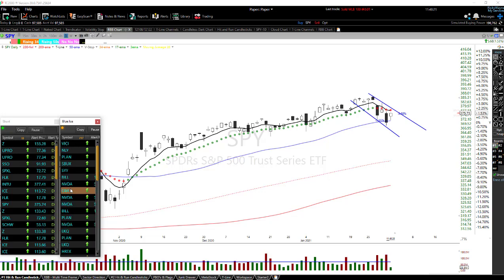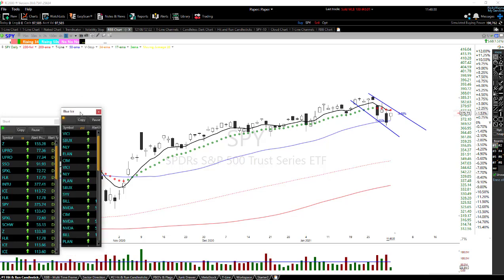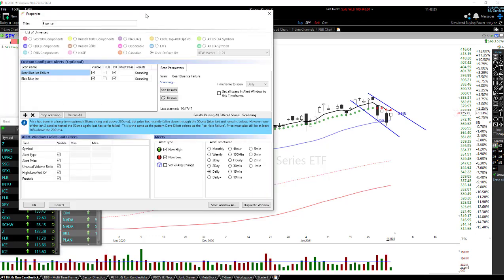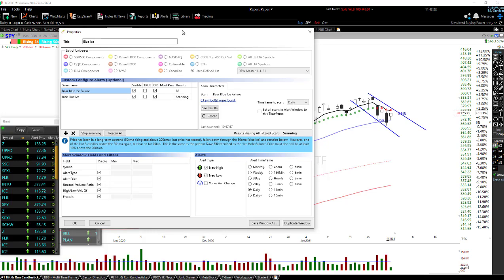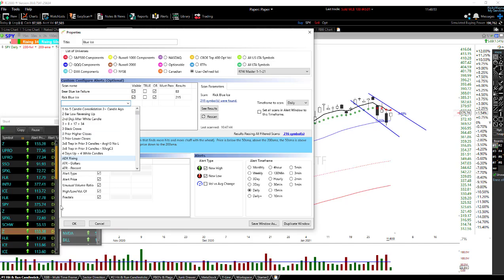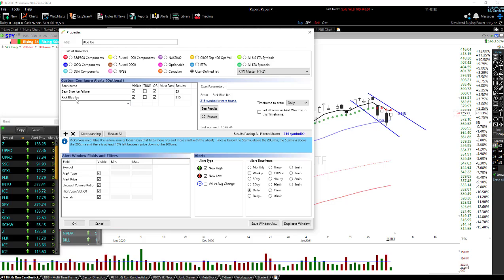So let's get started. For those that have the scanner, this is what I use right here, and I'll go through this. It's not any big trick to it. Pretty simple, pretty plain Jane. If you go to the scanner and click on the plus sign right in here, this is where all the menus are, and there are two blue ice failure alerts.